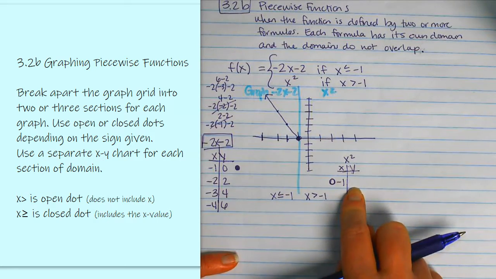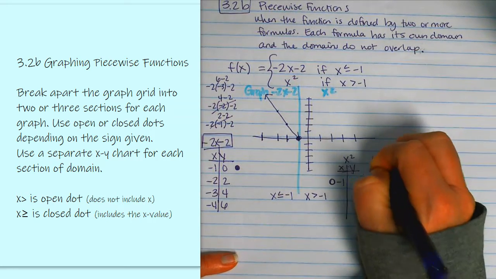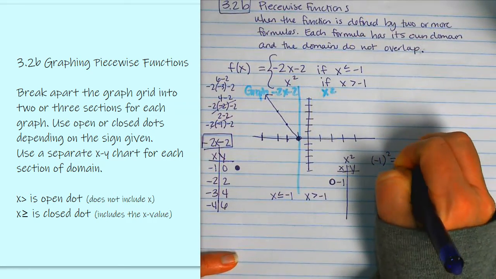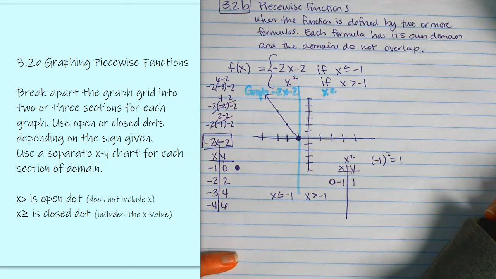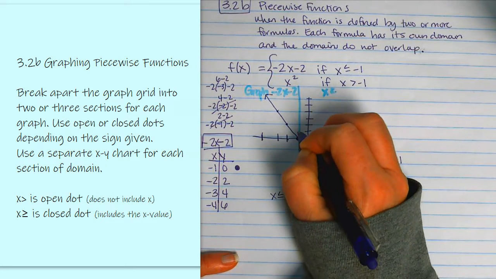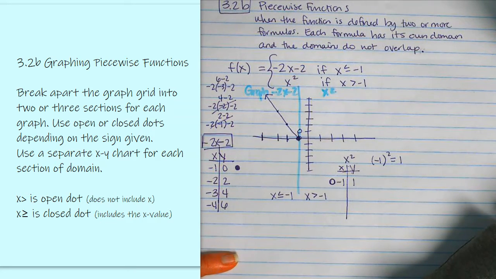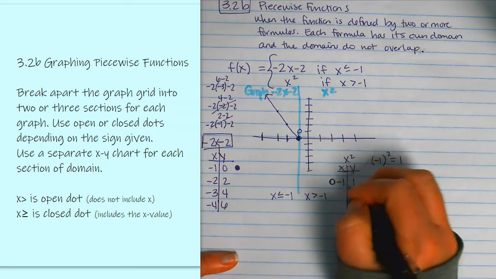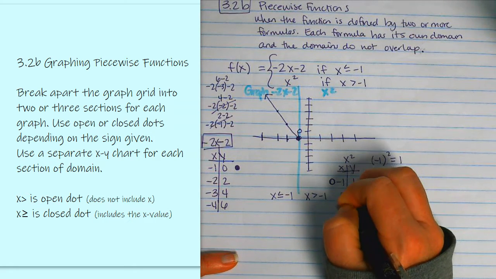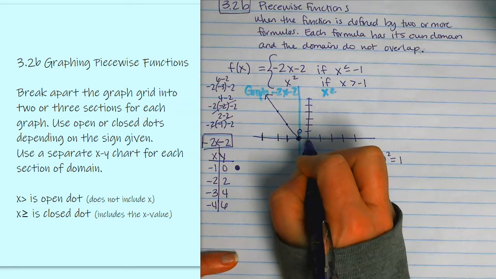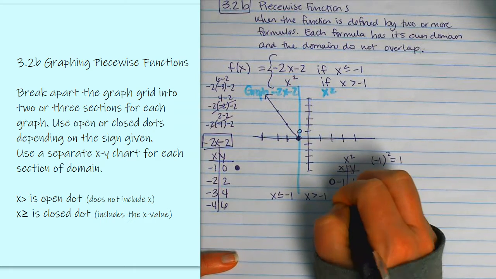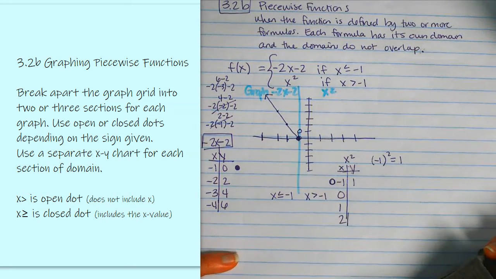When I plug -1 into this equation, -1 squared is +1, and at that point, -1, +1, I'm going to put an open circle. Then I'm going to plug in values bigger than -1: 0, 1, 2, that's enough.